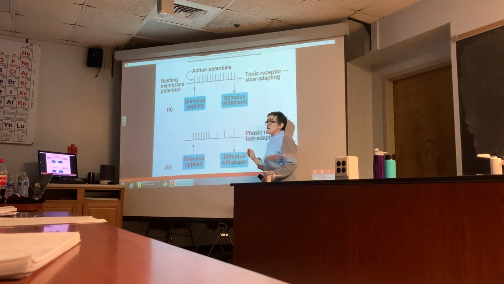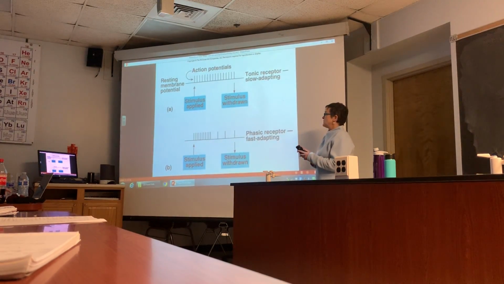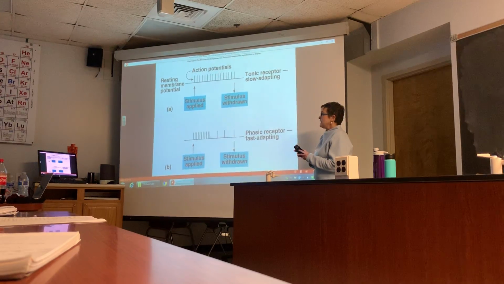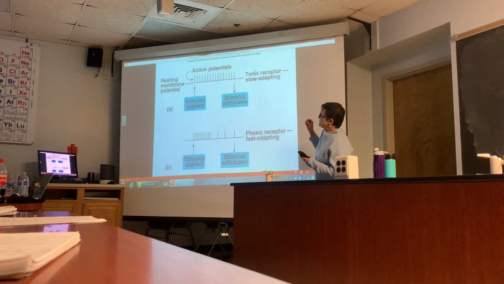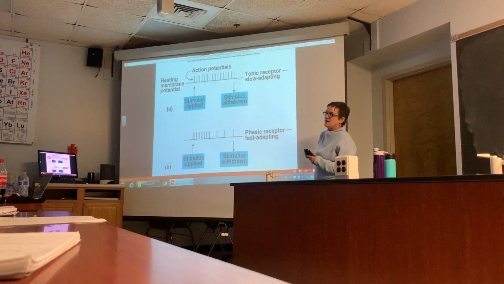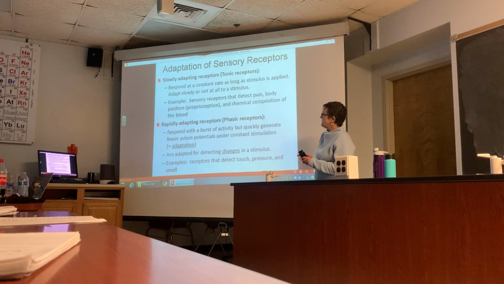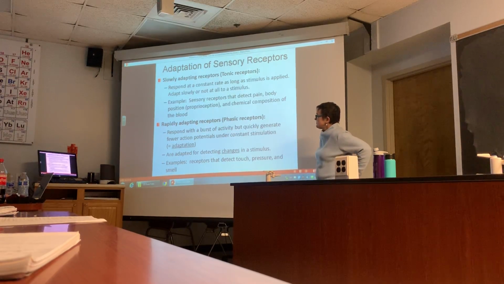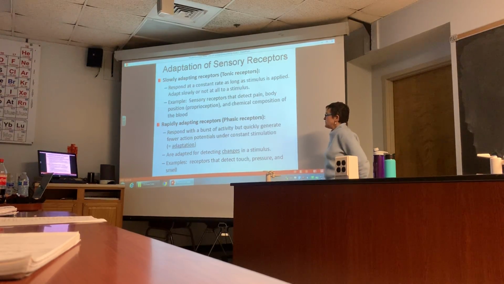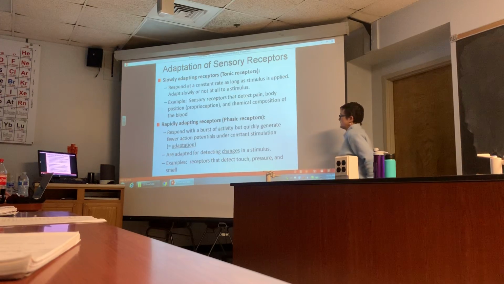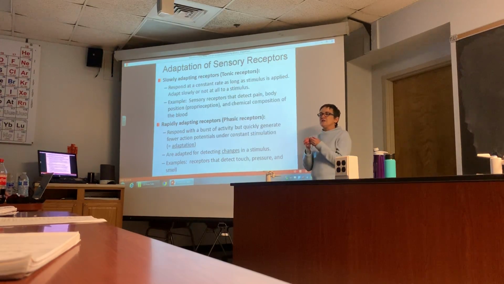And some of those slow adapting fibers or receptors, and we're talking about the receptors because that's where the stimulation is happening, sometimes never adapt. Like I said, with pain, you often don't have any adaptation at all. The rapidly adapting receptors, which are also called phasic receptors, respond initially with strong stimulation.